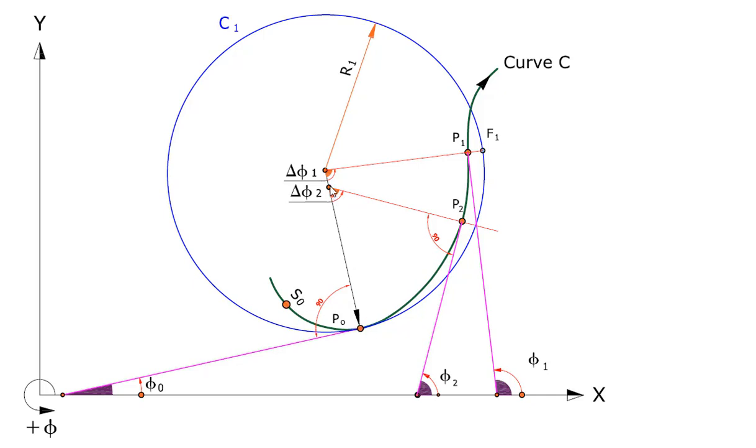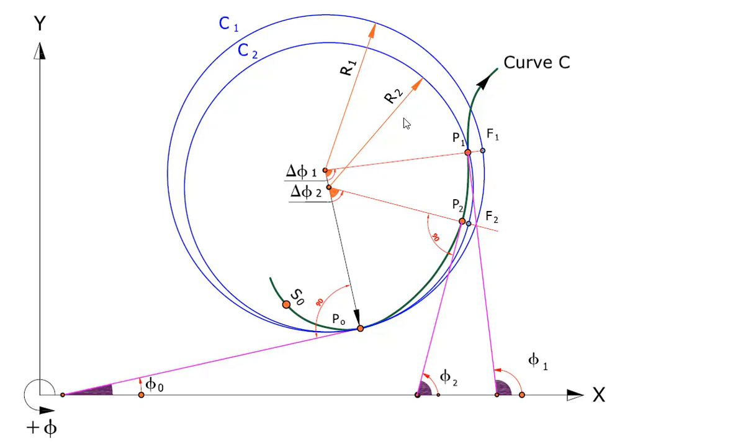From this point here we are going to draw another circle passing from point P0, and this is circle C2 with radius R2, and we have the point on the circle F2 now closer to the point on the curve P2.